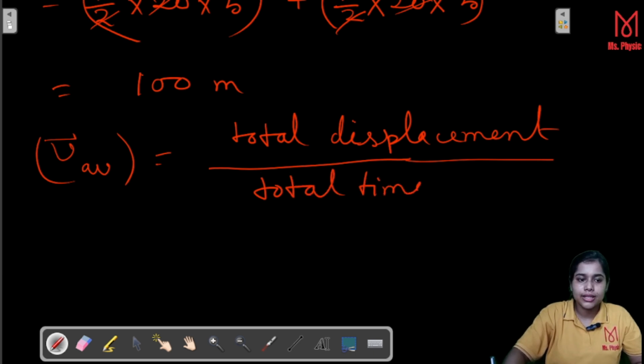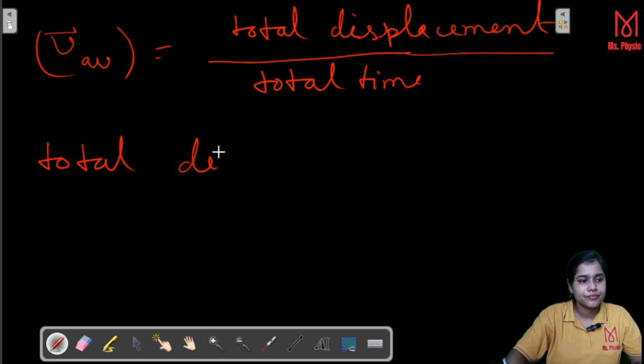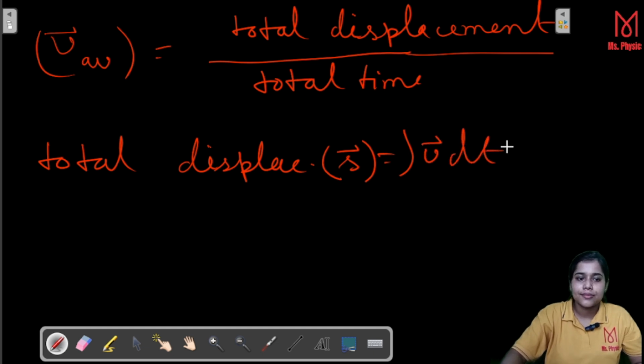Now we have calculated total distance, but how do we calculate total displacement? See, the story is same. Total displacement, suppose S vector, is equal to integration of V dt. That means again we have to consider the area.